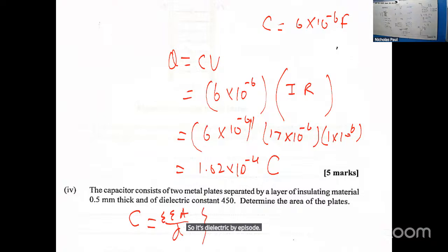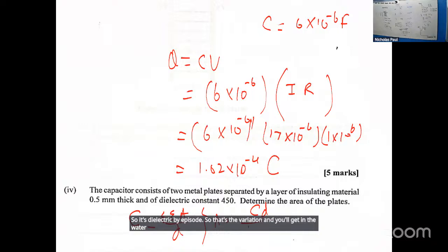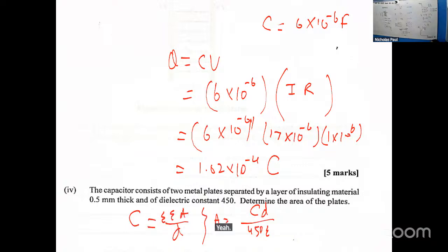So let's rearrange it, and you'll get A is equal to CD all over epsilon.